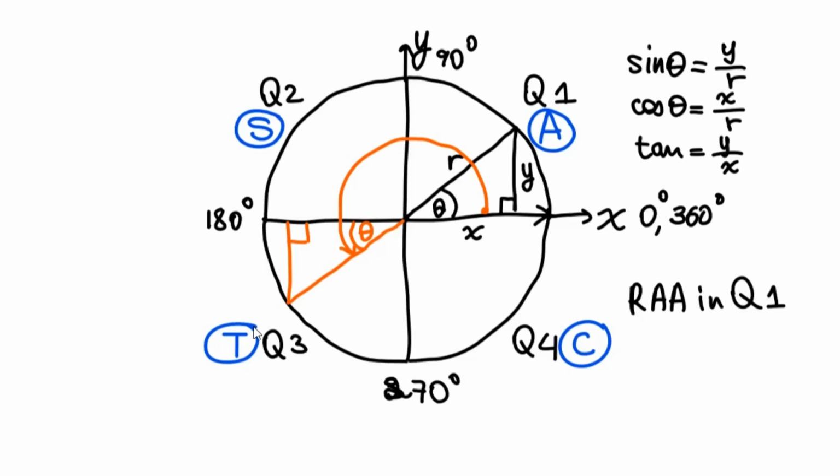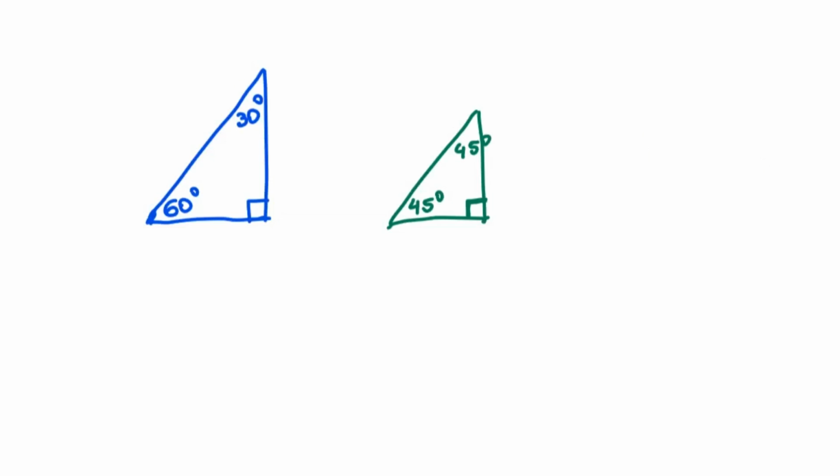How do we determine the ratios of some of the most common angles? We use special angle triangles for that, and we form them in the first quadrant, just like this one. Let's look at those special angle triangles. There are two special angle triangles, and they are based on the angles of 30, 60, 90, and 45, 45, 90.